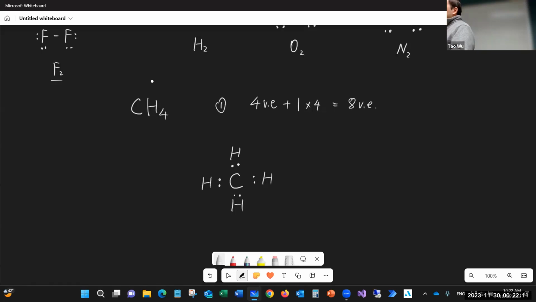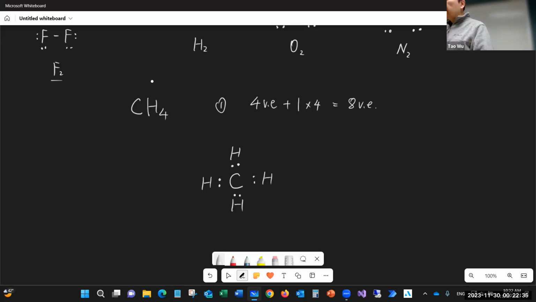The first thought is a single bond. In other cases, we will think about double or triple bonds, but first, a single bond. Now we put the remaining four pairs of electrons on the outside.